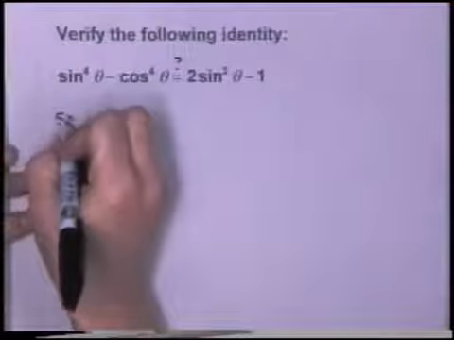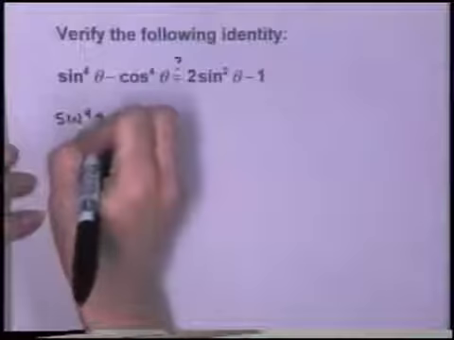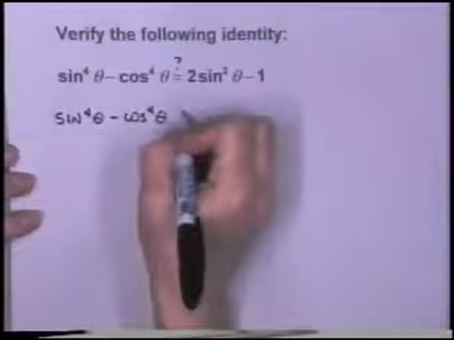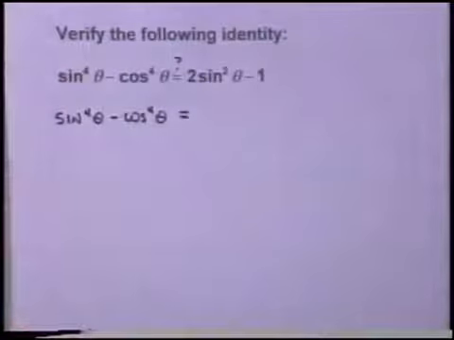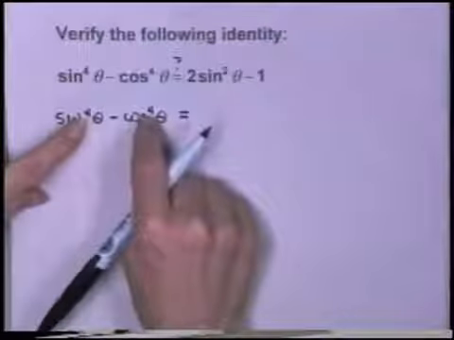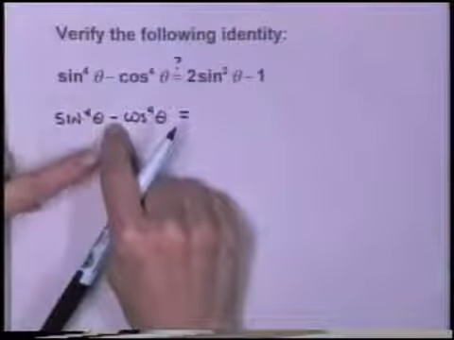So I'm going to start on this left-hand side, sine to the 4th theta minus cosine to the 4th theta. And I'm going to need to think about what I can do with this. Now I know I can change sine squareds into cosine squareds or cosine squareds into sine squareds, but notice this 4th power. So I'm going to take a little different approach first.